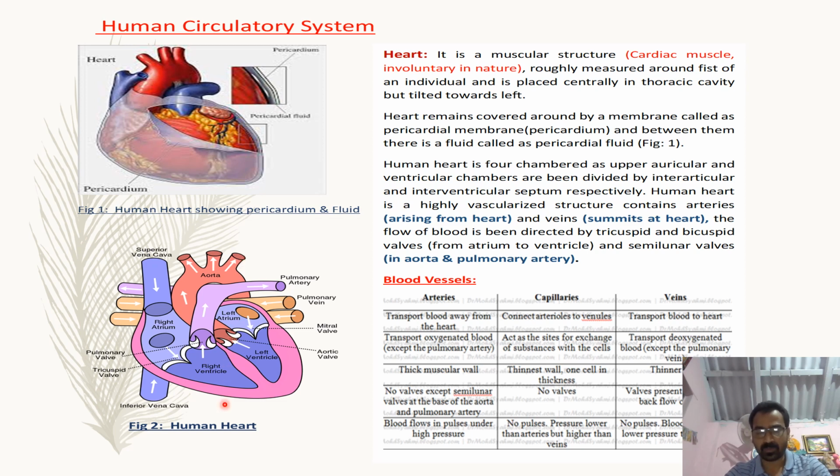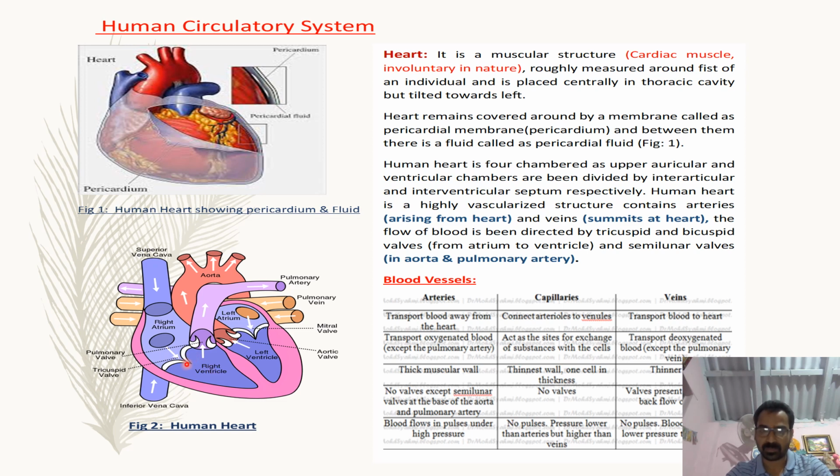Finally, the deoxygenated blood is collected by the lower and upper vena cava. Both of them join near the heart, at the sinus venosus, and they open into the right atrium. The right atrium opens into the right ventricle by means of the tricuspid valve.